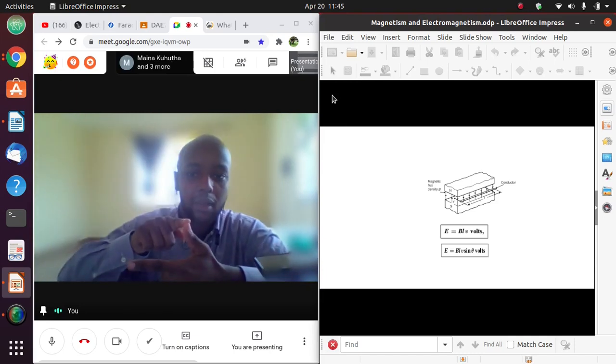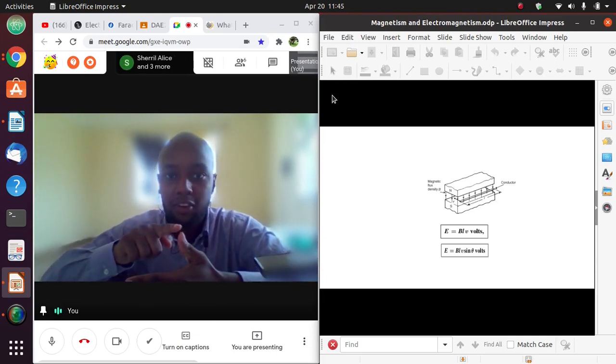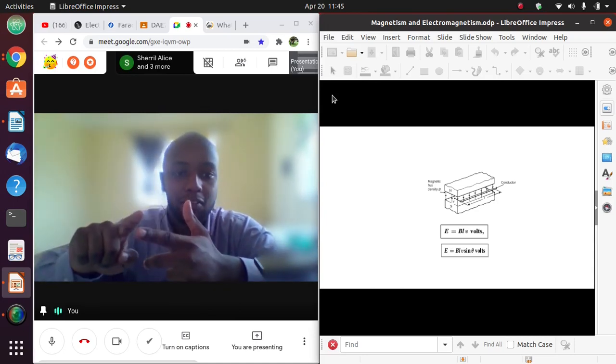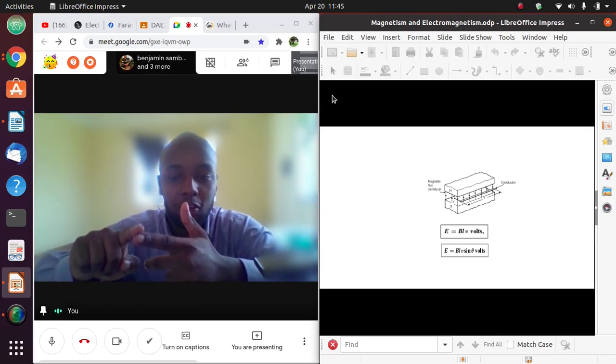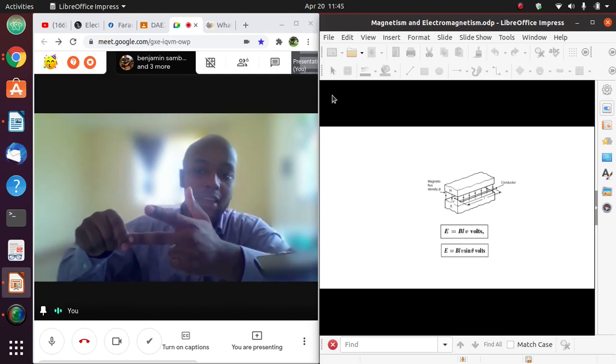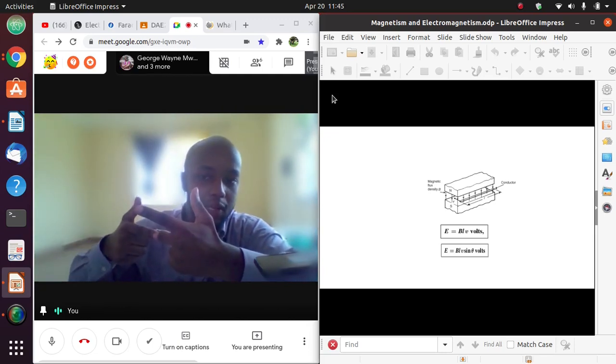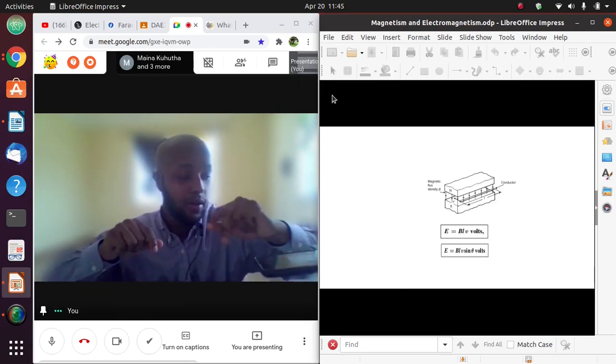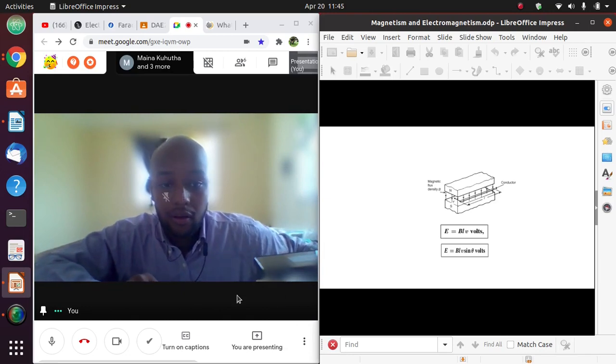The thumb indicates the direction of motion in which the conductor is cutting the magnetic field. The first finger will indicate the direction of the magnetic field. The second finger, at a right angle, will indicate the direction of the induced voltage, or the induced EMF. So, are you together?